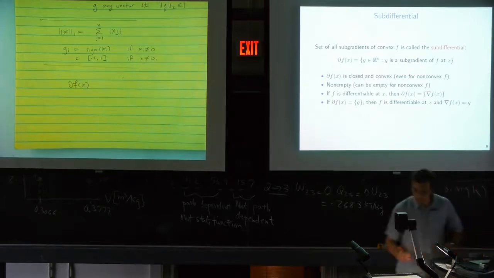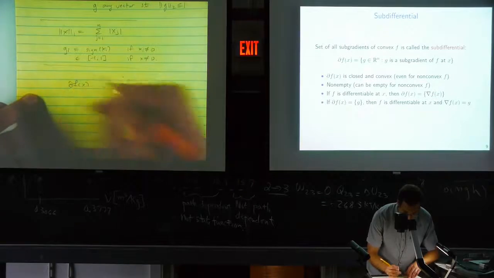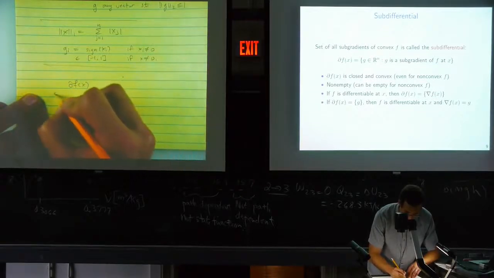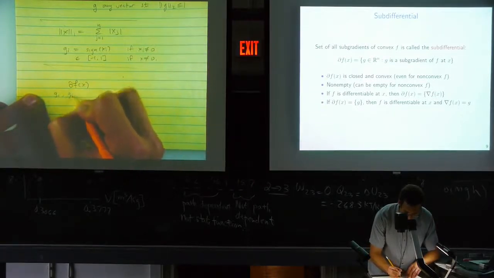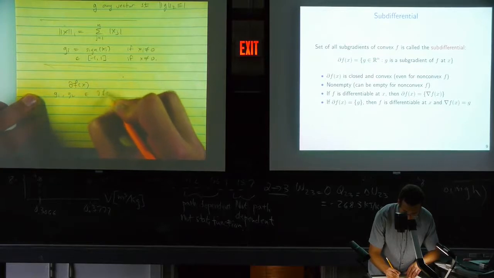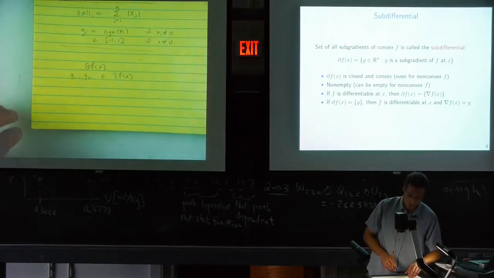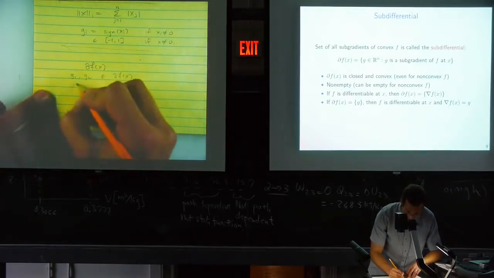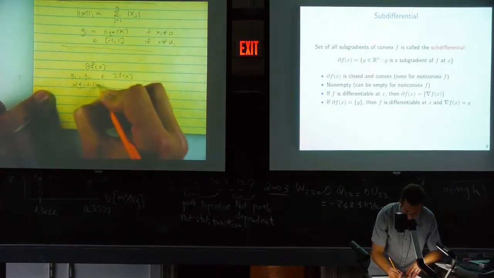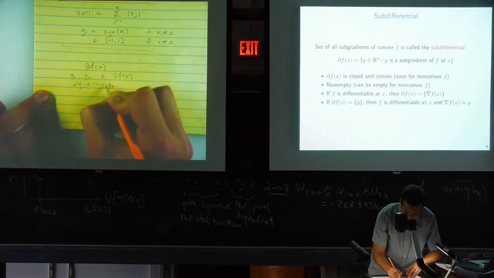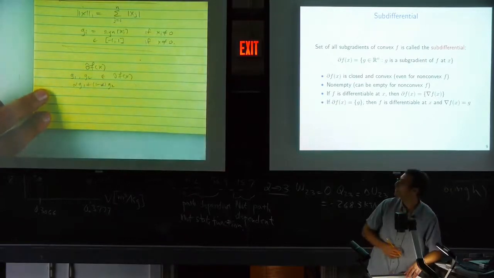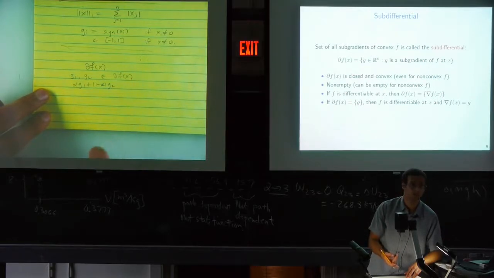Okay, let's check this real quickly. If I have g1 and g2 in the subdifferential of f at x, and I look at the point alpha g1 plus (1 minus alpha) g2 for some value of alpha between 0 and 1, then I want to check this is in the subdifferential of f at x, in order to check that it's a convex set without using anything about the convexity of f.